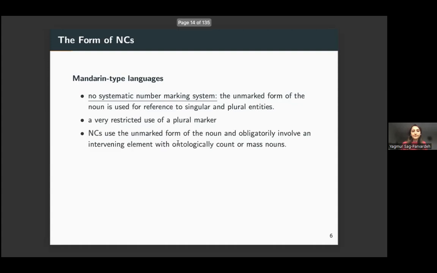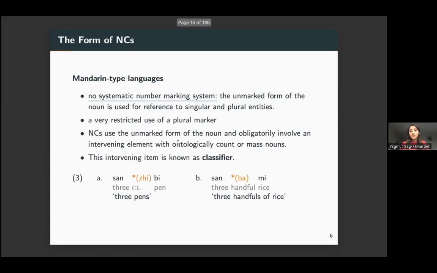One feature of such languages is that they are famous for obligatorily having an intervening item between a noun and a numeral, regardless of whether the noun is ontologically count or mass, like pen versus rice. No matter what, there's always an item between the numeral and the noun in these languages, and this item is known as a classifier in the literature.